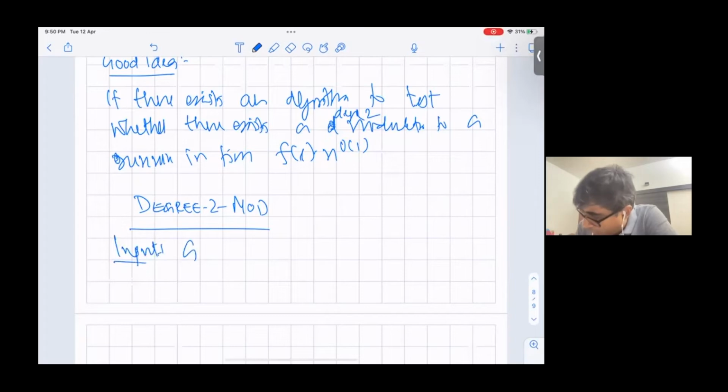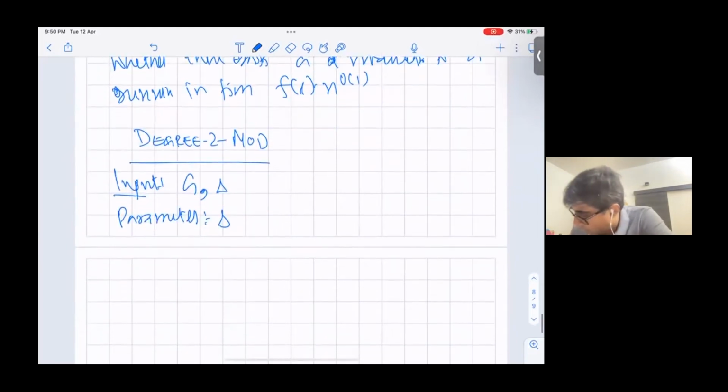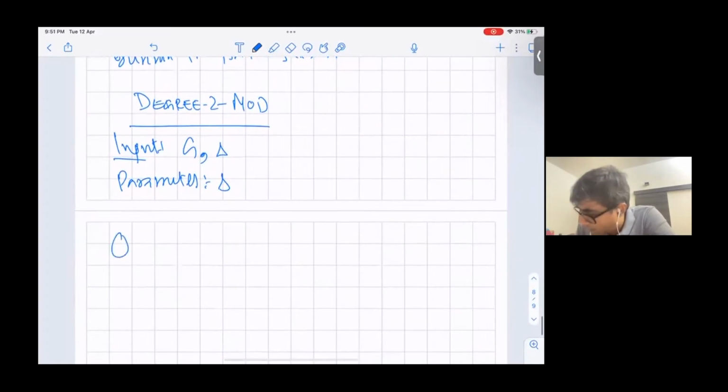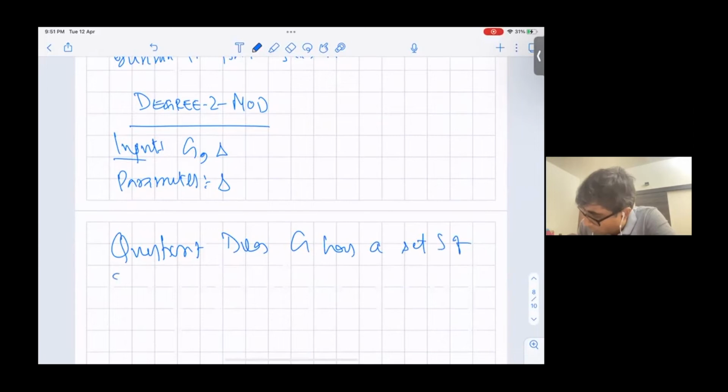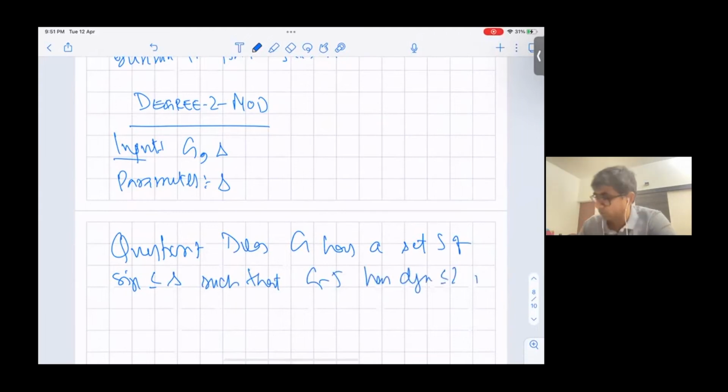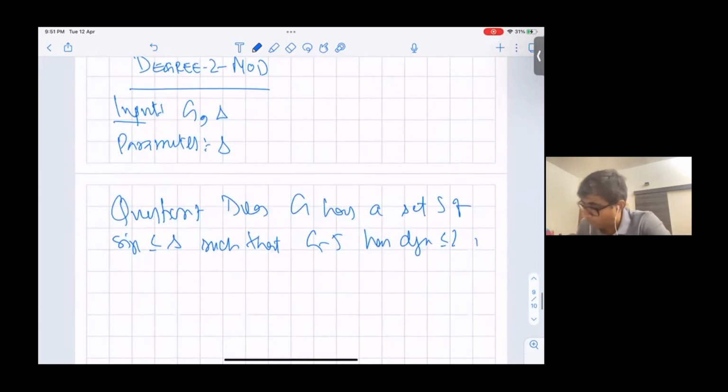Input is G and S, my parameter is S, and the question is this classical parameterized question: does G have a set S of size at most S such that G minus S has degree at most 2? And what's the running time of the algorithm we are looking for?